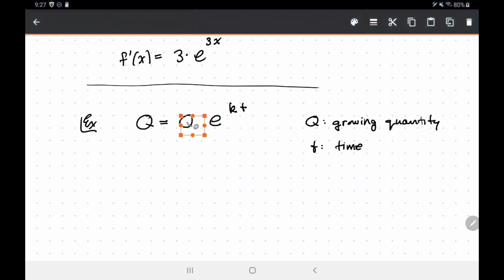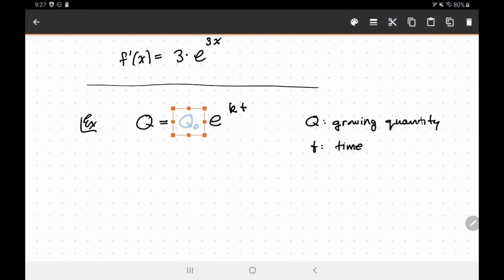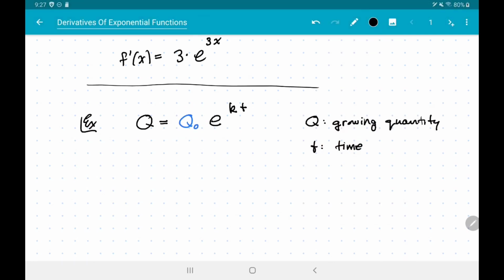Now Q sub 0 is a constant. So let me do this in blue. Q sub 0 equals the value of Q at time t equals 0, and it is a constant.